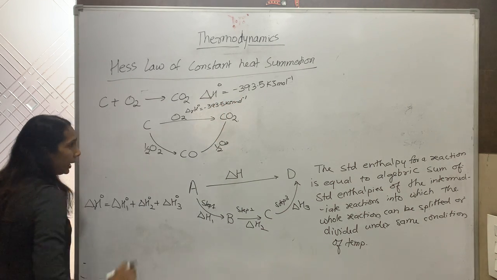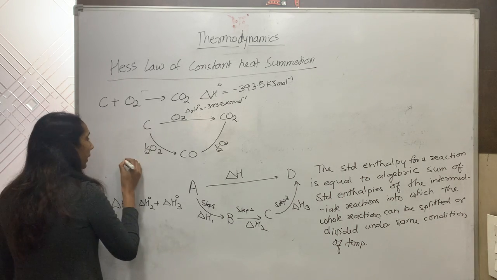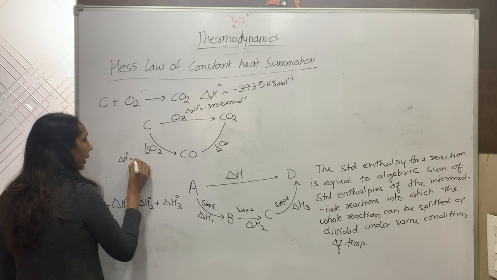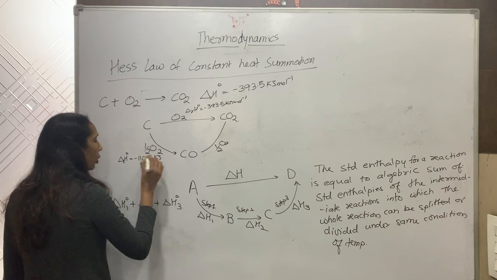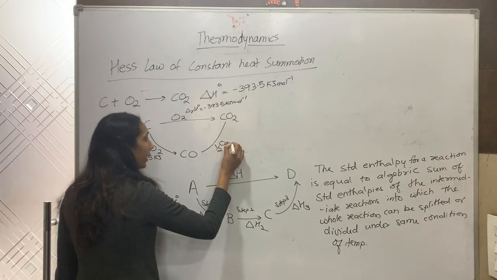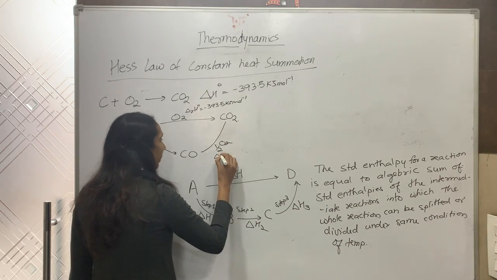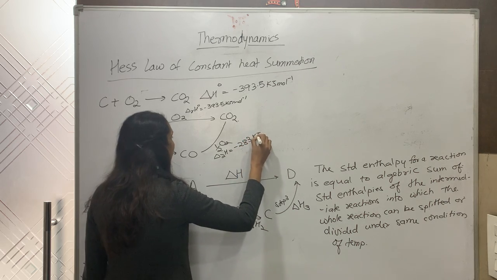Now for step 1, when carbon reacts with half O2 to form CO, the enthalpy change, delta H1 naught, is minus 110.5 kilojoules. Second step, when CO reacts with half O2 more to convert into CO2, the enthalpy for the second step is minus 283 kilojoules.